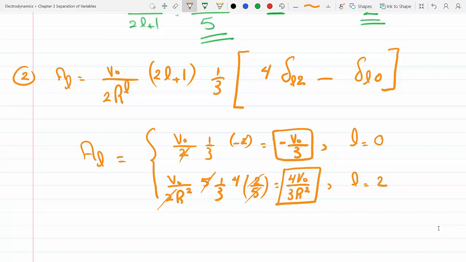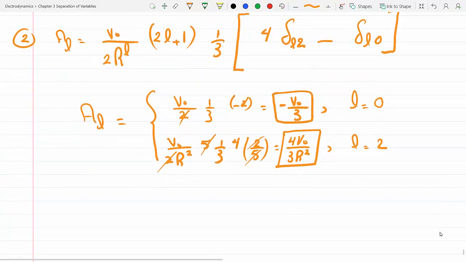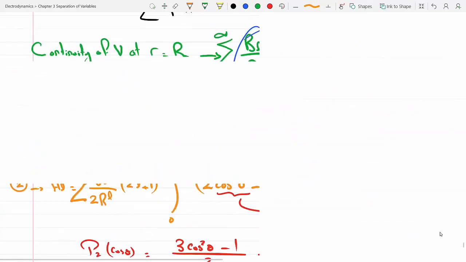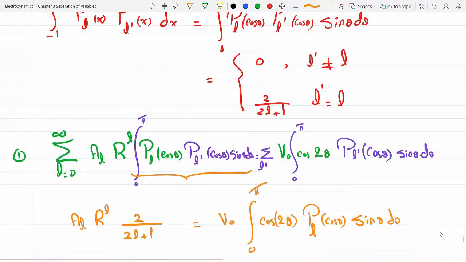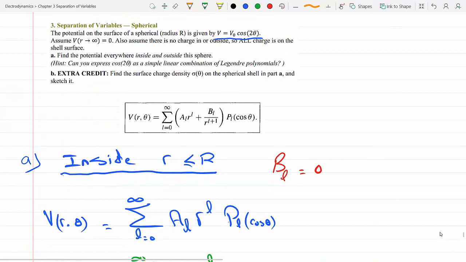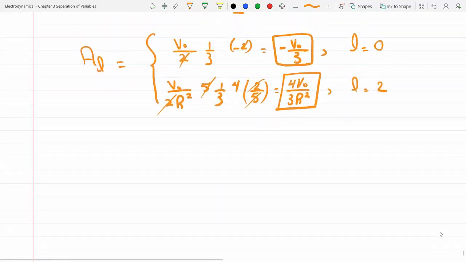Okay, so now that I found my AL, I could figure out what my V is on the inside, right? Because that was for the inside.